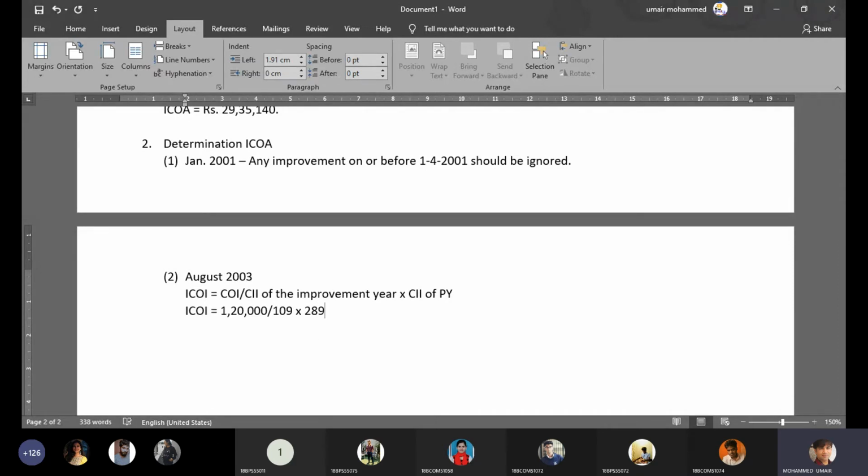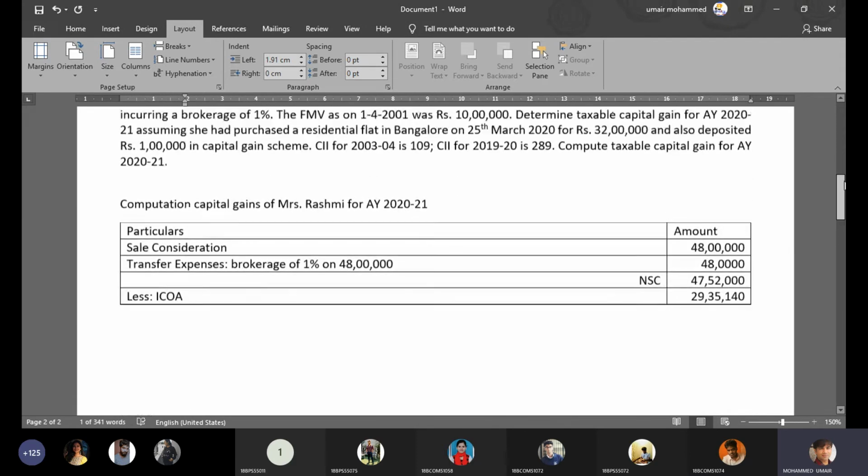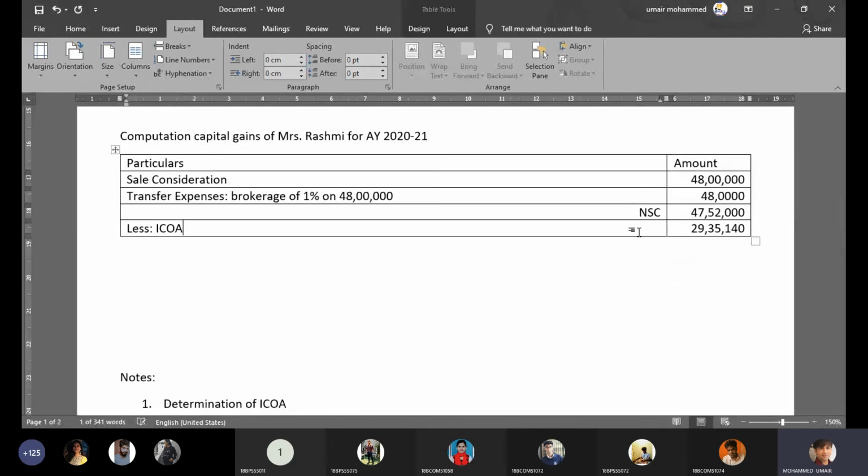So let's simplify this. 1,20,000 divided by 109 into 289. So this will give you 3,18,165. So now we have all the required data to compute gross capital gain.